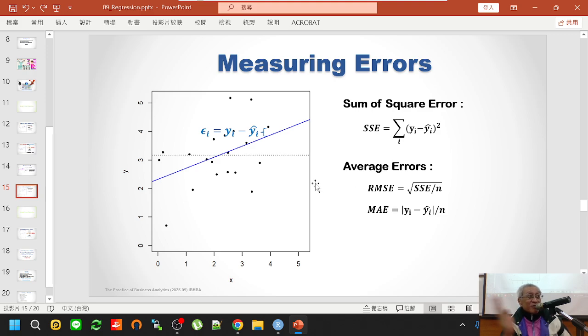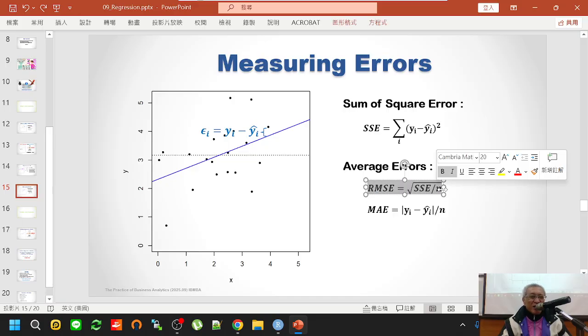We know that there will be an error, but for every individual point the error is different. So another way to measure the accuracy of a model is to calculate its average error, and there are two different ways of estimating the average error. And this one is pretty straightforward. It's just the absolute value of the residual divided by n, because we are talking about average error. And this is another way to do it.